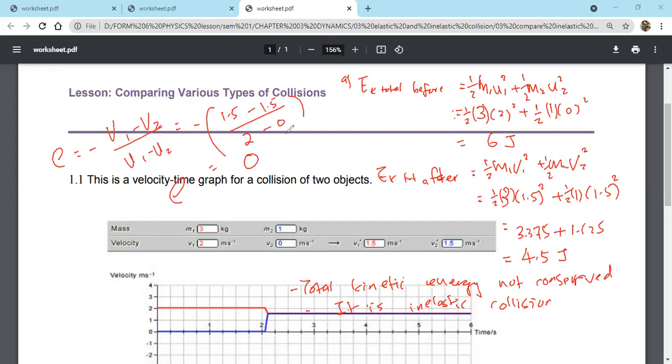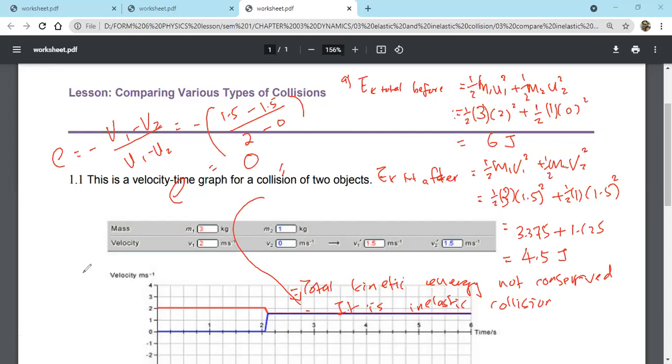If e is less than 1, it is not equal to 1, so it is an inelastic collision.